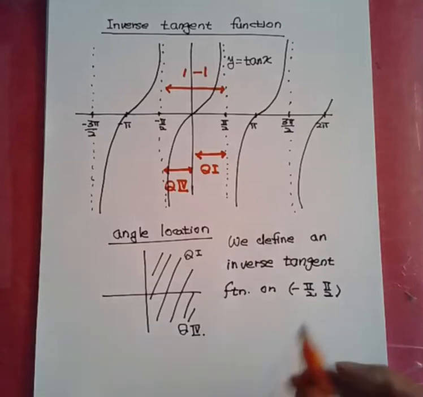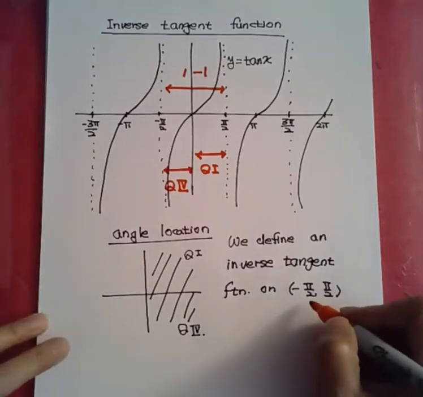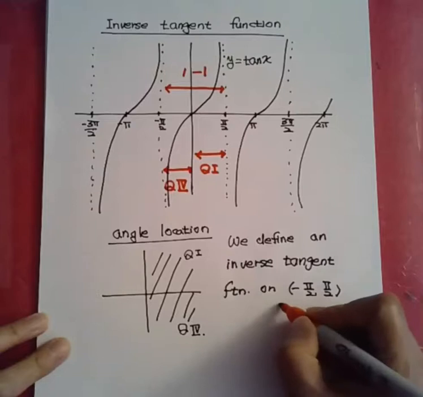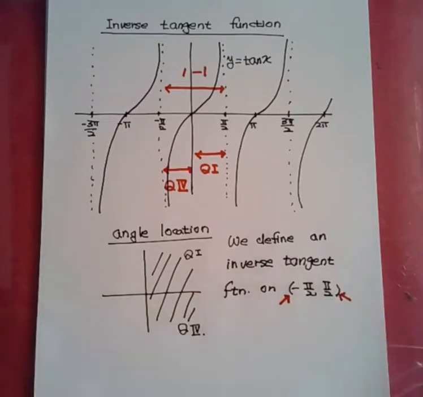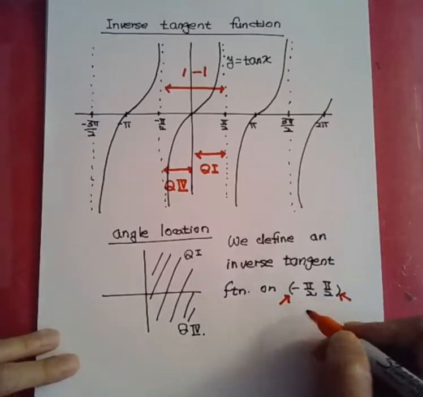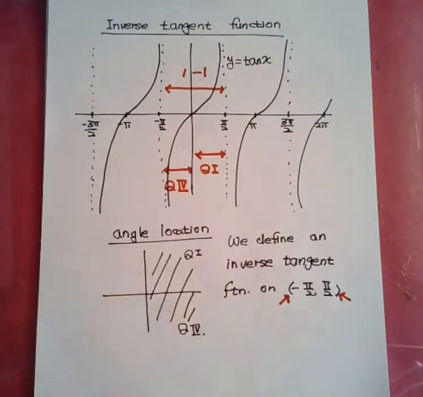This time, we don't include minus pi over 2 and pi over 2, so we use parentheses, because those are vertical asymptotes, and the tangent function is not defined there.